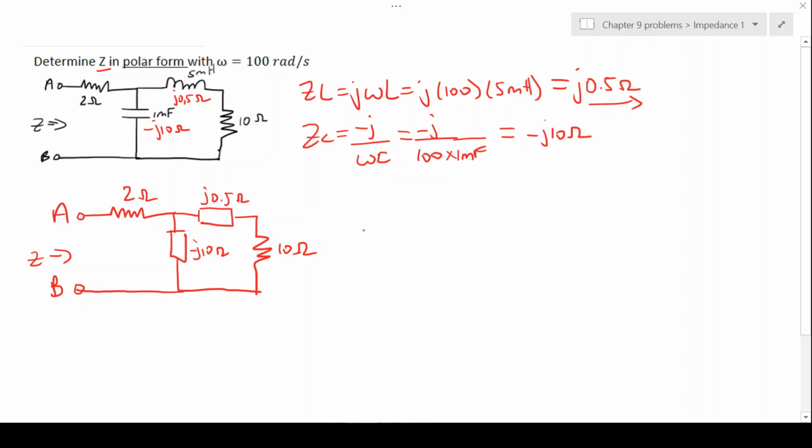So we can then say Z is equal to 10 plus J 0.5 in parallel with negative J 10, and once we have that parallel combination, it should be in series with the 2 ohms.